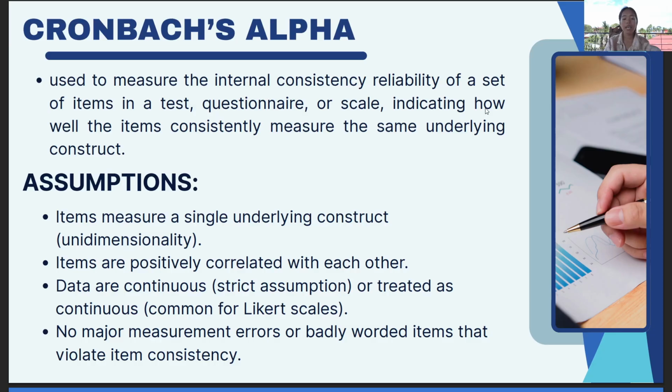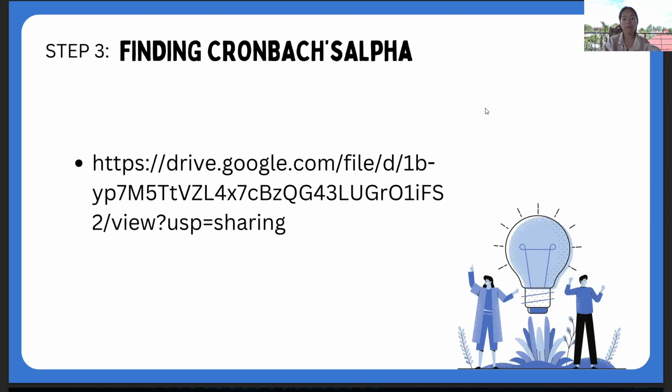First is items measure a single underlying construct, or unidimensionality. Second is items are positively correlated with each other. Third is data are continuous, a strict assumption, or treated as continuous, which is common for Likert scales. And the fourth assumption is no major measurement errors or badly worded items that violate item consistency.